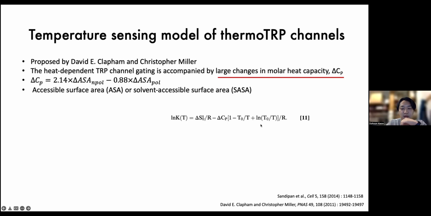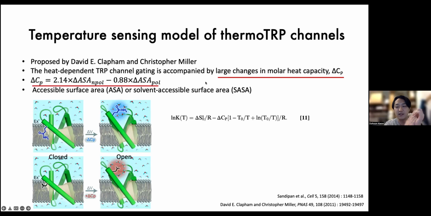This delta Cp depends on the change of the enthalpy and entropy. This is the original equation. We can calculate the experimental delta Cp using this equation. Here, ASA means the accessible surface area, or the solvent-accessible surface area.